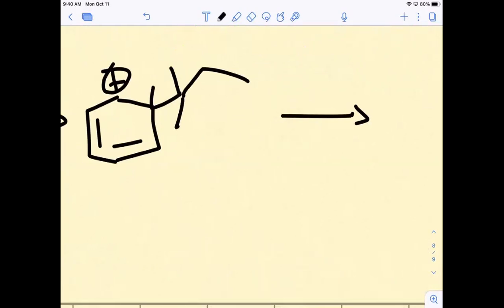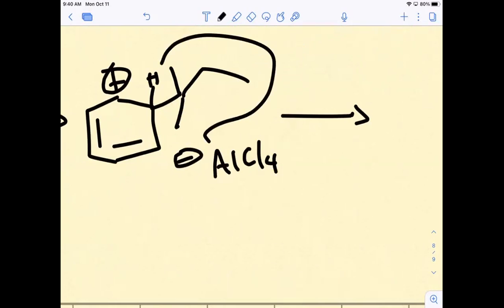The aluminum tetrachloride is just going to come in and do what it does, to reestablish that aromaticity.